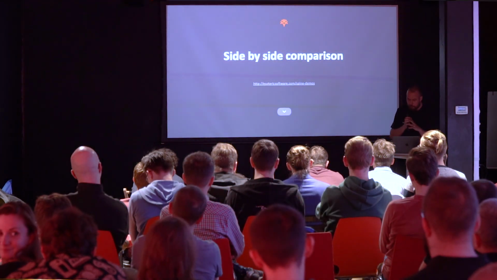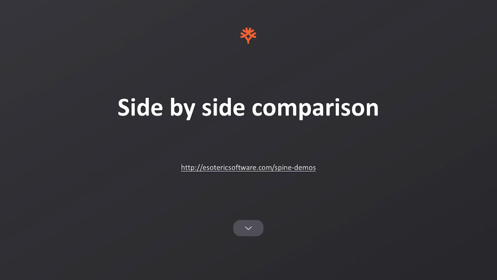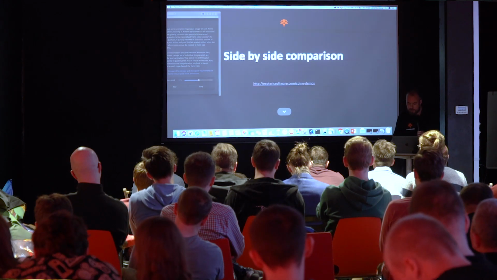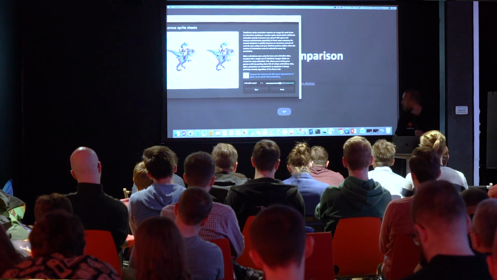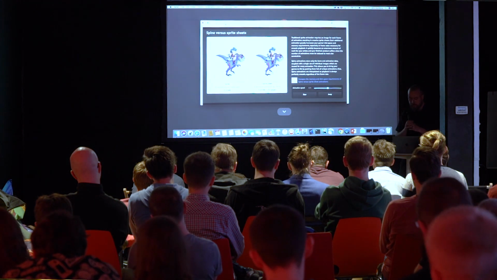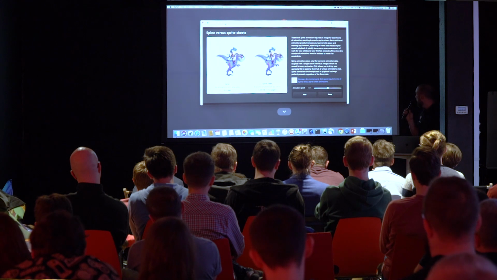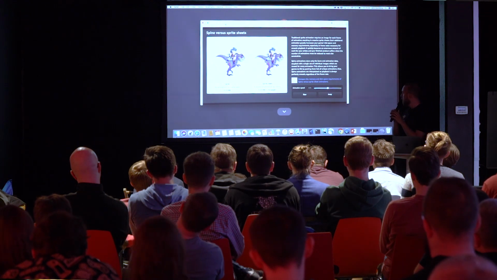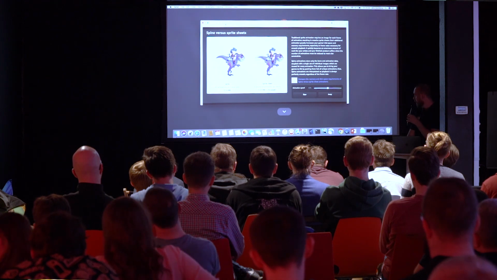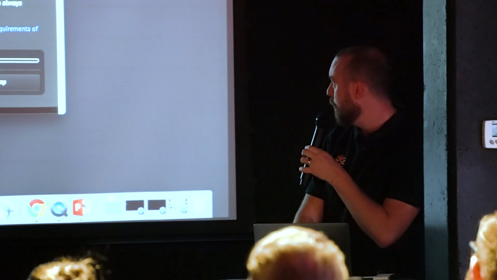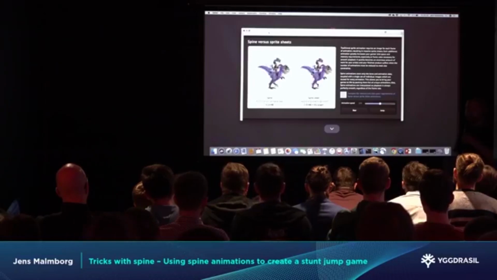So I want to show you just a quick side-by-side. Let's see if I can do this. Okay, so here you can see two different animations. The one to the left is using Spine, and the one to the right is using sequences or frame-by-frame animations with spritesheets.